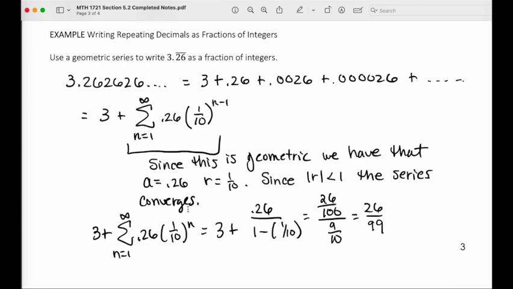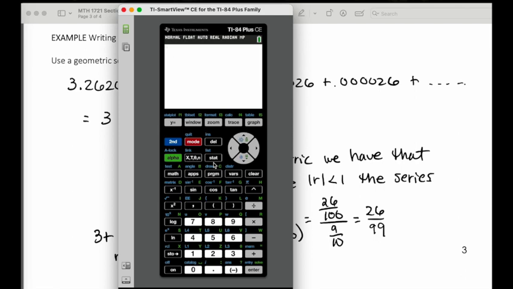Now, one of the neat things about the geometric series is we can use that to find fractions for repeating decimals. So something that you may or may not be aware of is there's a pattern with repeating decimals as far as coming up with a fraction to represent those repeating decimals. So if I wanted to find, for example, the fraction that represents 0.121212 repeating over and over again, the part that's repeating is 12.